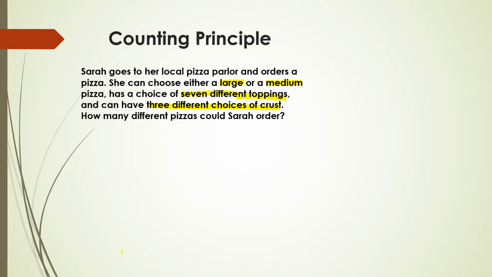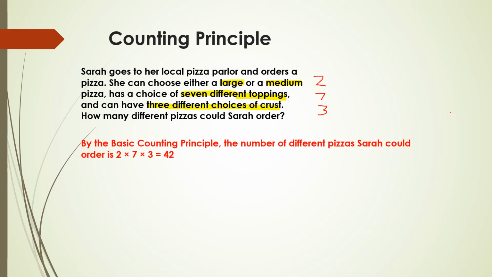So I suppose thin, medium, and thick in terms of crust. So if we write these down, there's 2 choices for size, there's 7 for toppings, and there's 3 for crusts. So how many different ways can Sarah order a pizza? Well, 3 times 2 is 6, times 7 is 42. When you're presented with a total of 12 different choices, you can make those choices in 42 ways.